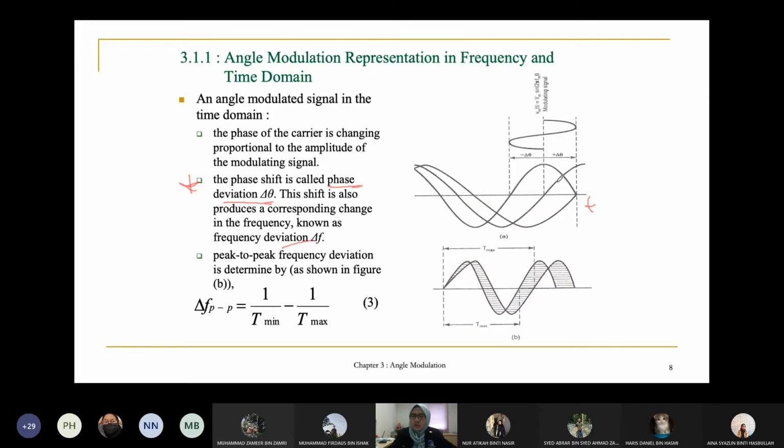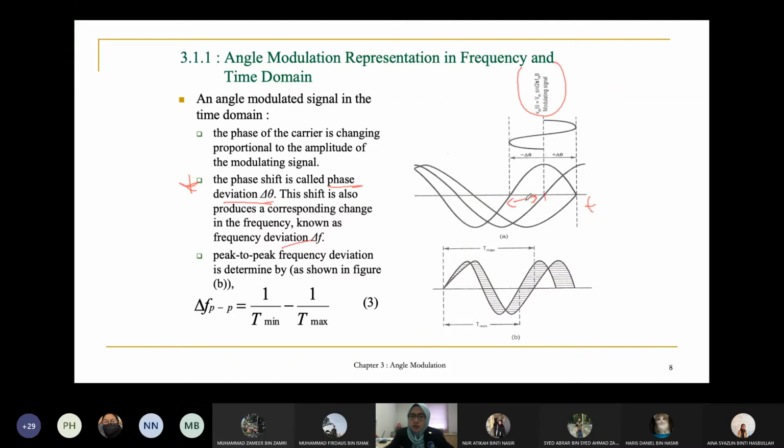So phase shift: if for example you have two signals, the phase shift between the two signals is what we call the phase deviation, delta theta. This is signal 1, this is signal 2. The phase shift between signal 1 and signal 2 is what we call delta theta, the phase deviation.